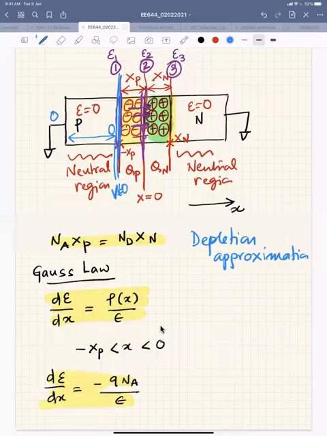But the potential at the end of the depletion region will be VBI, because we discussed yesterday that there is an electric field in the depletion region, and there is a potential drop, and that potential drop is the built-in potential. The voltage drop across the depletion region is your built-in potential.